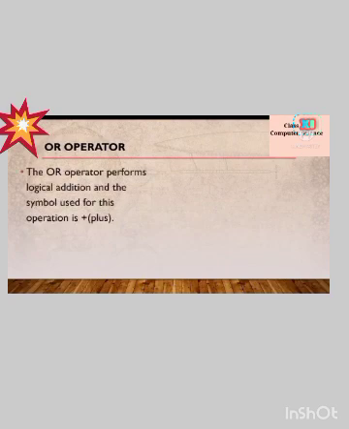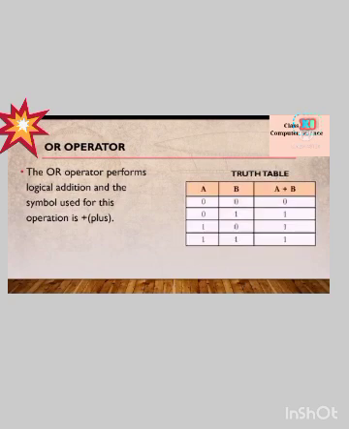What is the OR operator? The OR operator performs logical addition and the symbol used for this operation is plus. This is the truth table. We are denoting the operations in a truth table and we are using the inputs A and B. The combinations of binary inputs are 0, 0, 0, 1, 1, 0 and 1, 1.